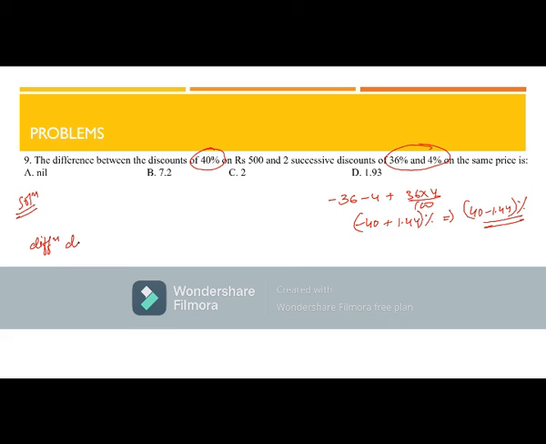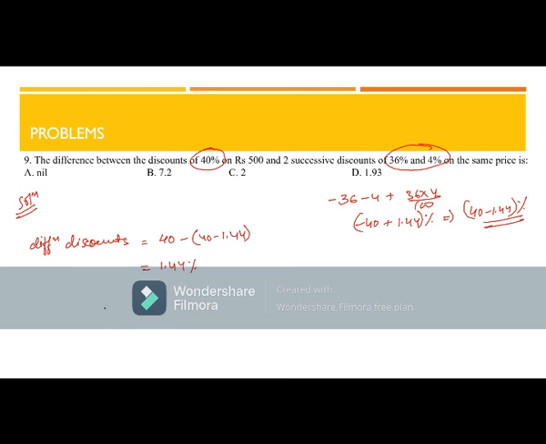So difference in the discount becomes 40% minus 40 minus 1.44%, which is equal to 1.44%.